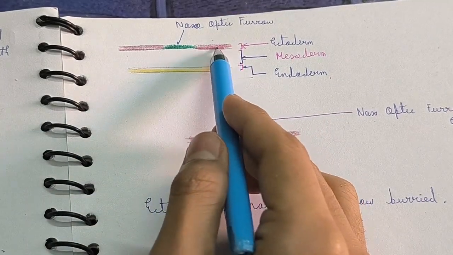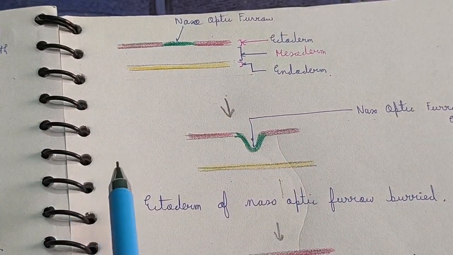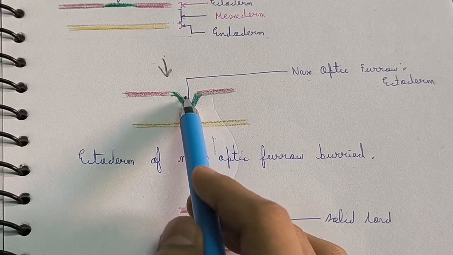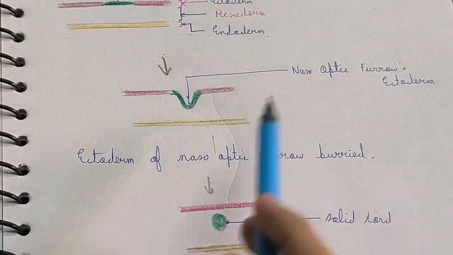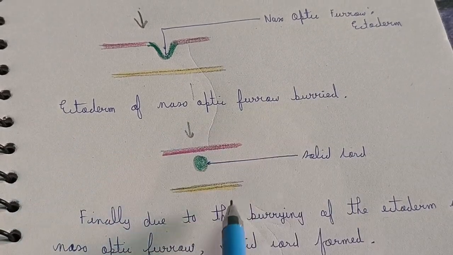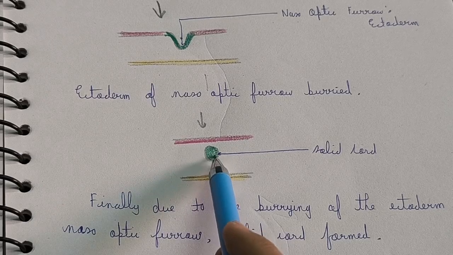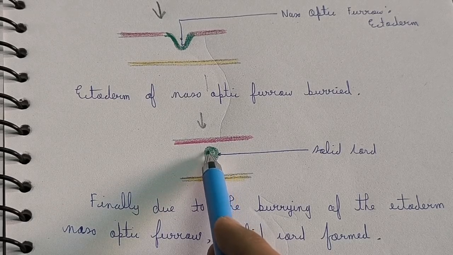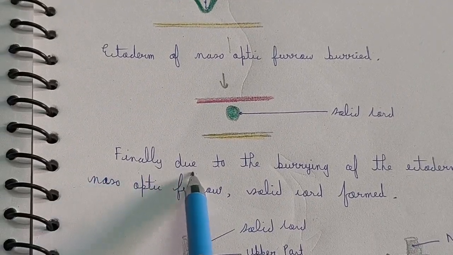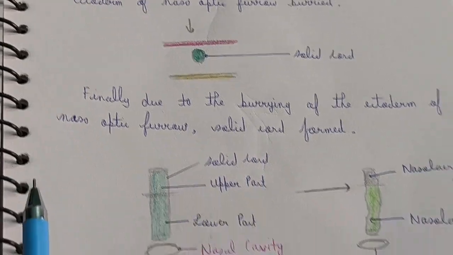So you can notice that this is ectoderm, mesoderm, endoderm. Here this is the naso-optic furrow, and you can see the burying of the ectoderm of this naso-optic furrow occurring. After the burying, a solid cord is formed. So I have written that due to the burying of the ectoderm of the naso-optic furrow, solid cord formation occurs.